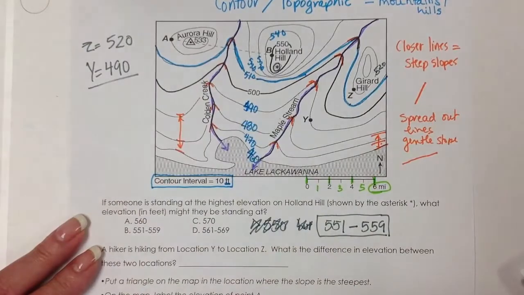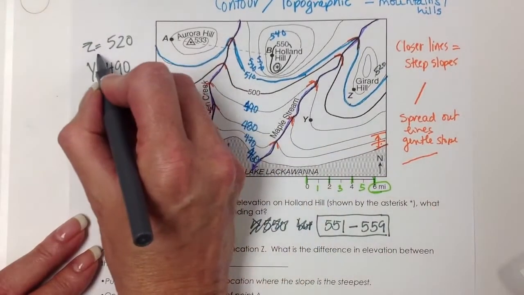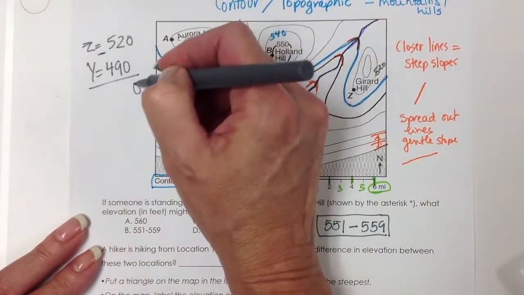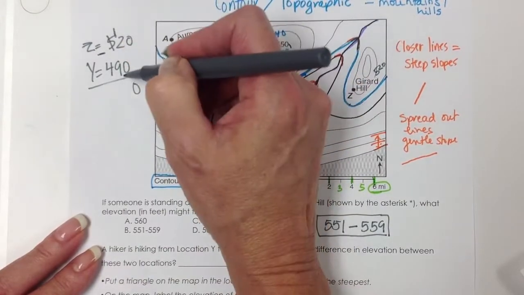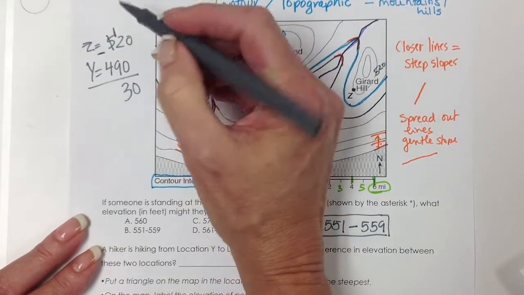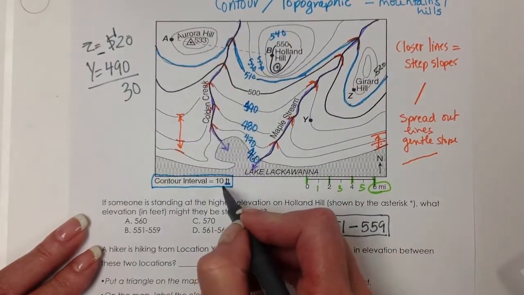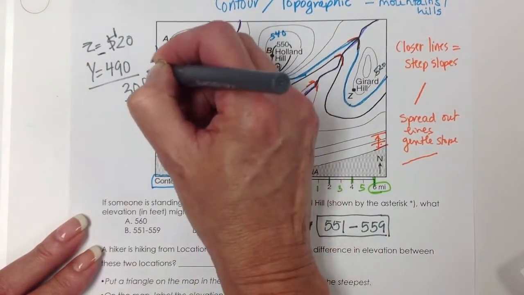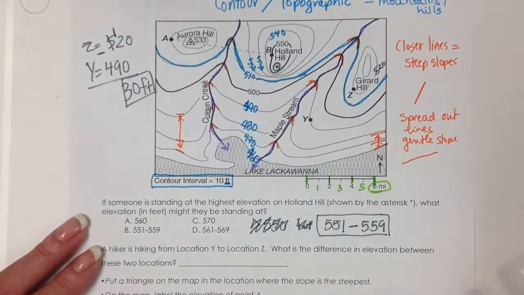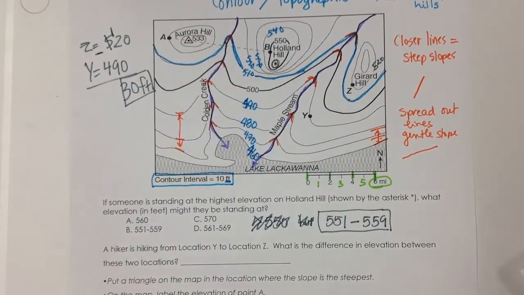Difference indicating that we need to subtract, right? So what do we have here? And that's it. The difference between the two is 30. It's in feet, so it must be 30 feet. That would be a good griddable if you ask me.